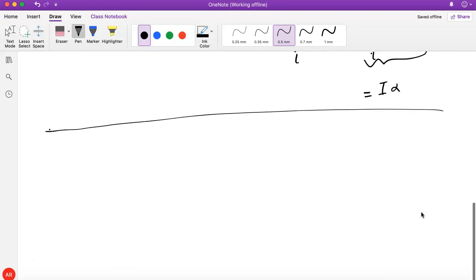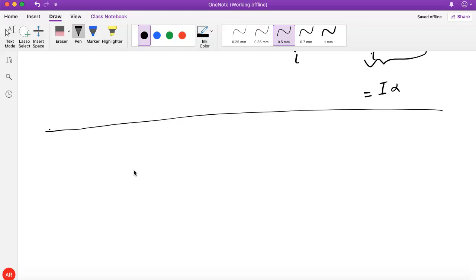Then we did some work on constraints on masses and pulleys when you have ropes that don't slip with respect to pulleys.